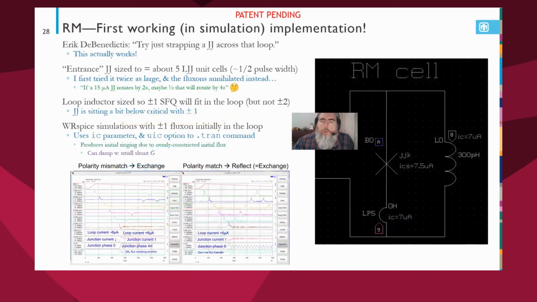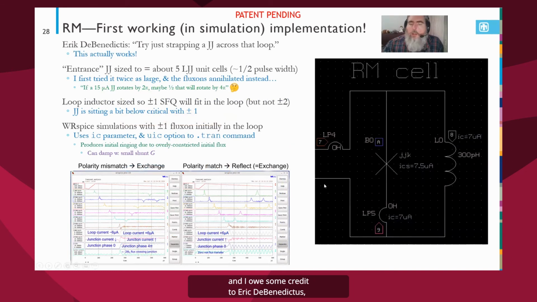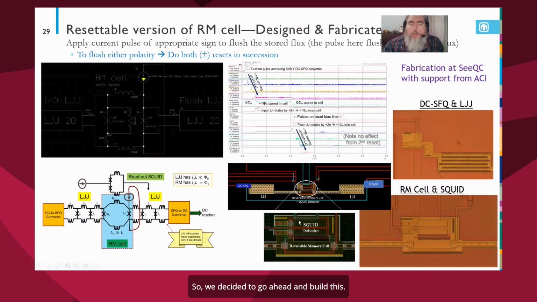So then we actually figured out how to design this, and I owe some credit to Eric de Benedictis, who suggested I try this very simple circuit topology, and then I played around with parameter values a little bit and got it to work. So this has the desired function in simulation. It's relatively efficient, and so we decided to go ahead and build this.